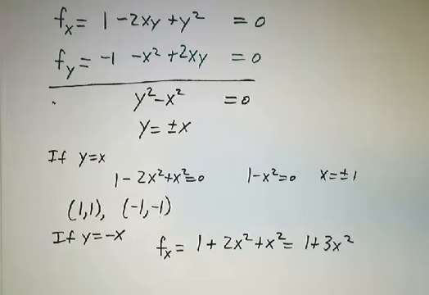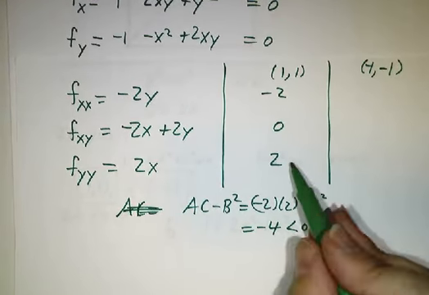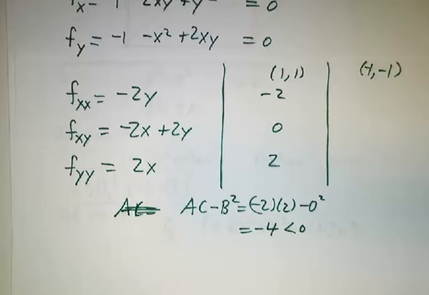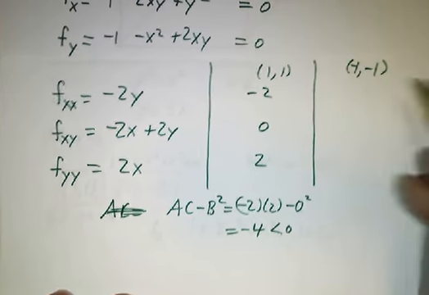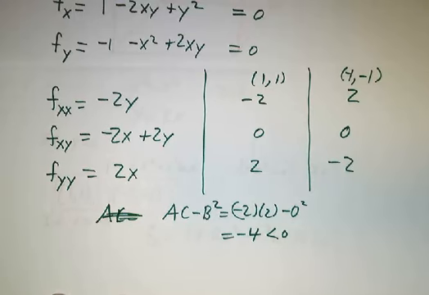And so we want our discriminant, which is AC minus B squared. So that's negative 2 times 2 minus 0 squared, which is negative 4. And that's negative, so this means it's a saddle point. If you plug in the point (-1, -1), the same thing happens.